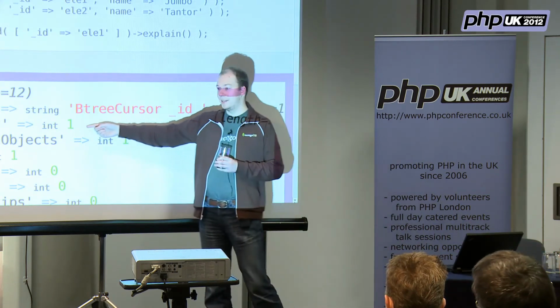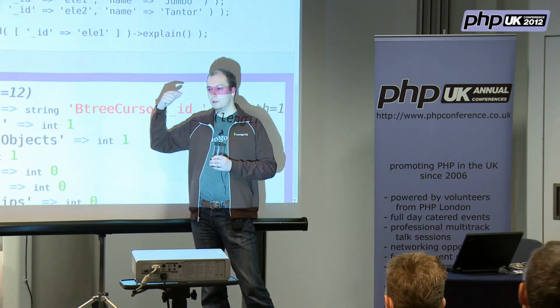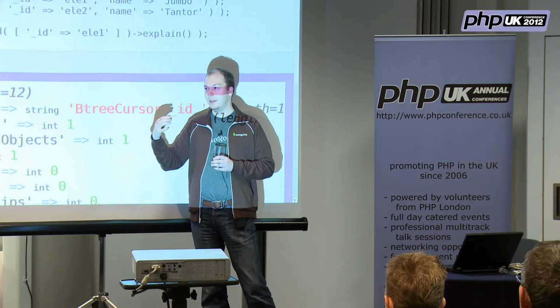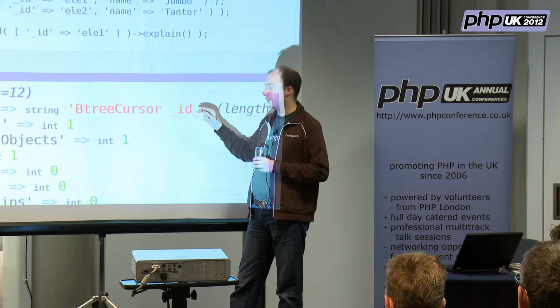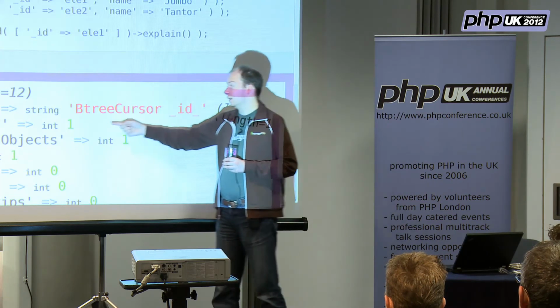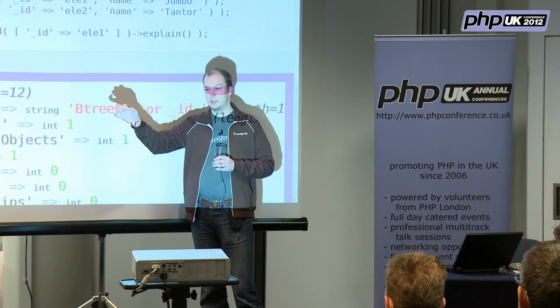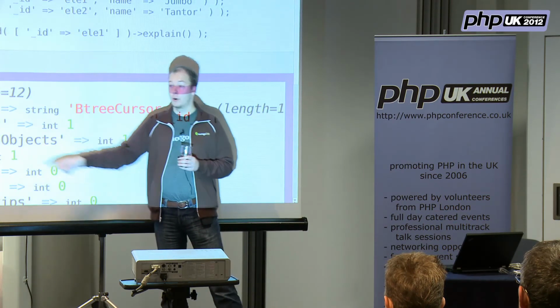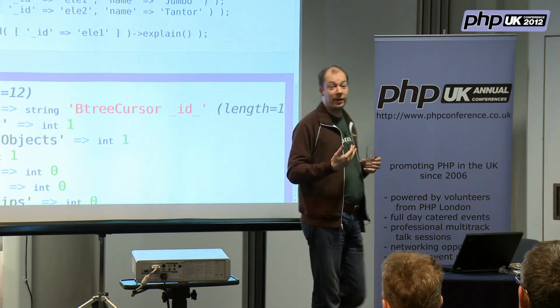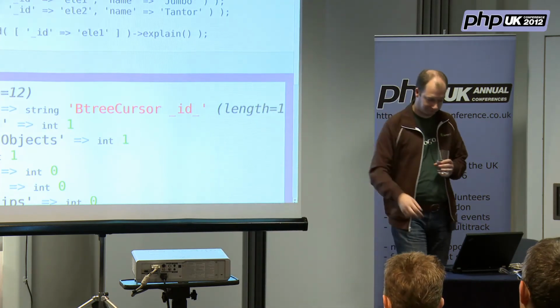Then nscanned tells you how many documents have been evaluated to be able to give the result. Because this is an index, it can look up the documents straight away. nscannedObjects will skip over, and n is the number of documents found. So in case you have an index, those numbers will be the same.